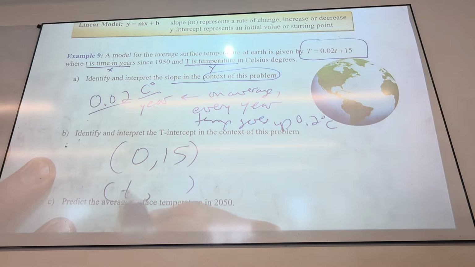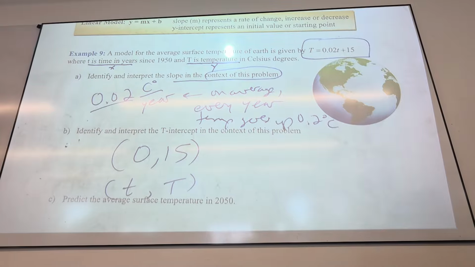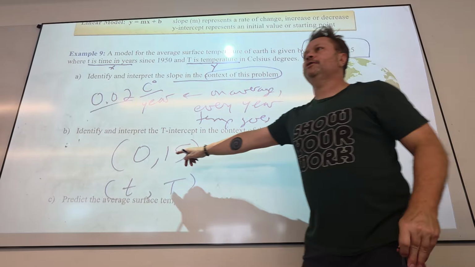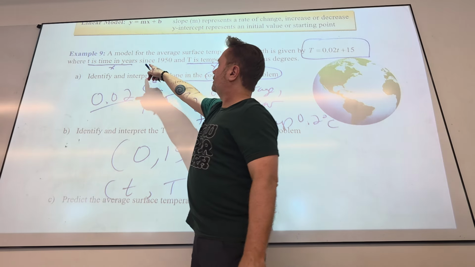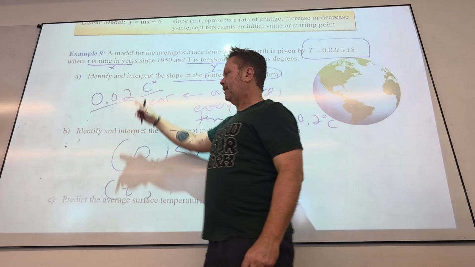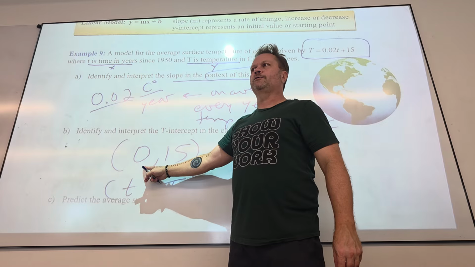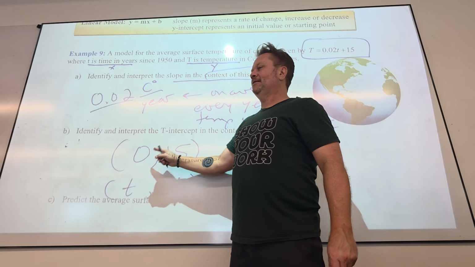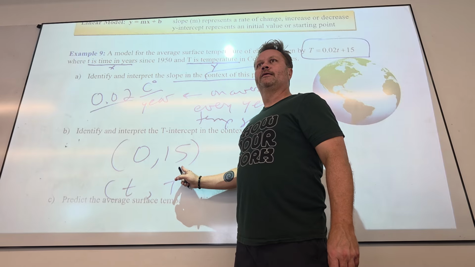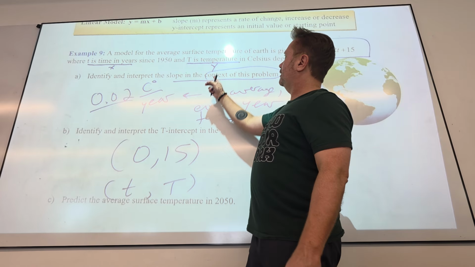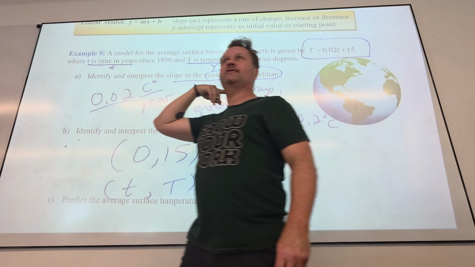Lowercase t. So this would be lowercase t, uppercase T. Little t means years since 1950. So how many years since 1950? Zero. So what year is it? In 1950, what does this mean? Average temperature in Celsius degrees.